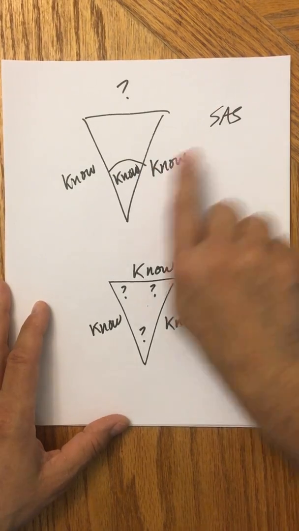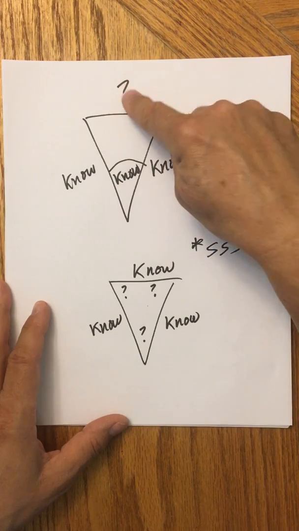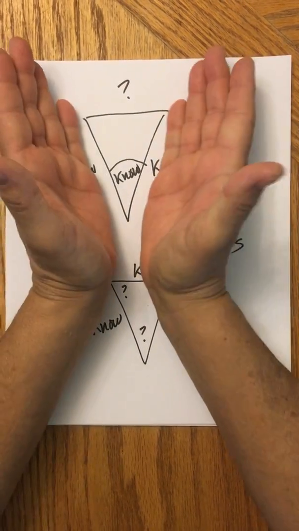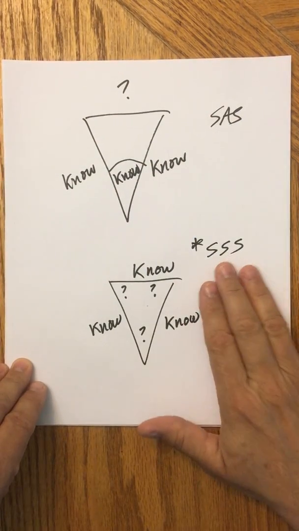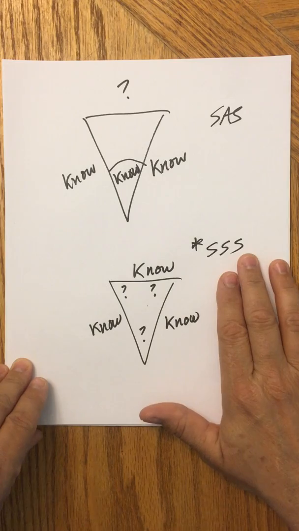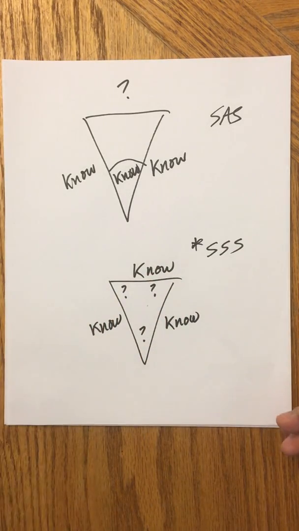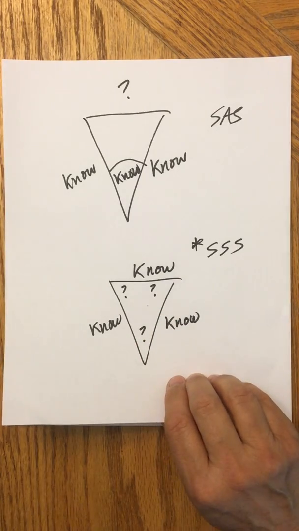In fact, side angle side, where you know this side, this side, and this angle, is perfect. You could say this squared is equal to this squared plus this squared minus 2 this cosine of that. You're done. The other case that it's really good for is side, side, side. So you know the three sides, but you don't know any of the angles. With law of cosines, we'll do an example and you can find these angles. Okay? So let's do a couple of examples.